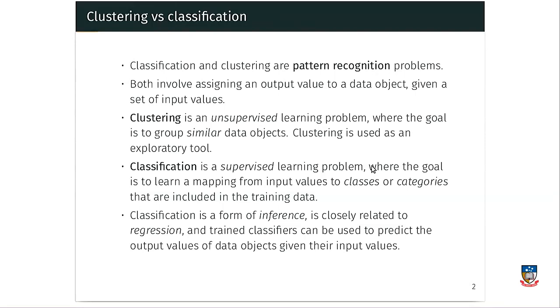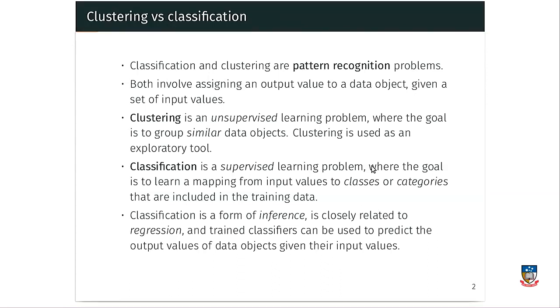So in general, clustering and classification are both pattern recognition problems or tasks. The idea is to look at some data and try and work out what's going on within the data. They both involve assigning an output value, a label usually, to a data object, given a set of input values.